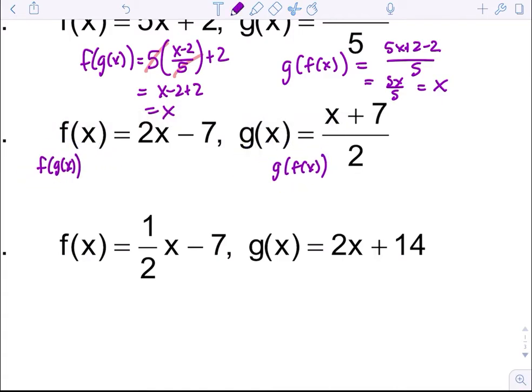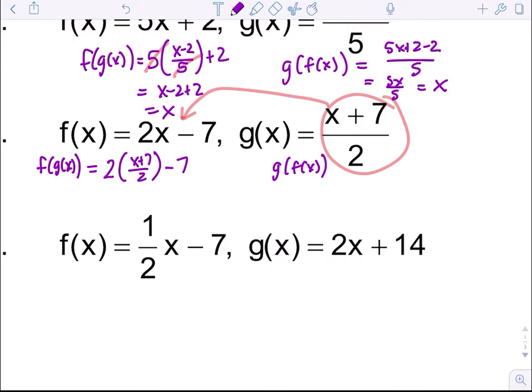Alright, so we are going to substitute all of g of x into x. So we're going to get 2 times x plus 7 times 2 minus 7. These 2's cancel, so we're just going to have x plus 7 minus 7, which is just x.